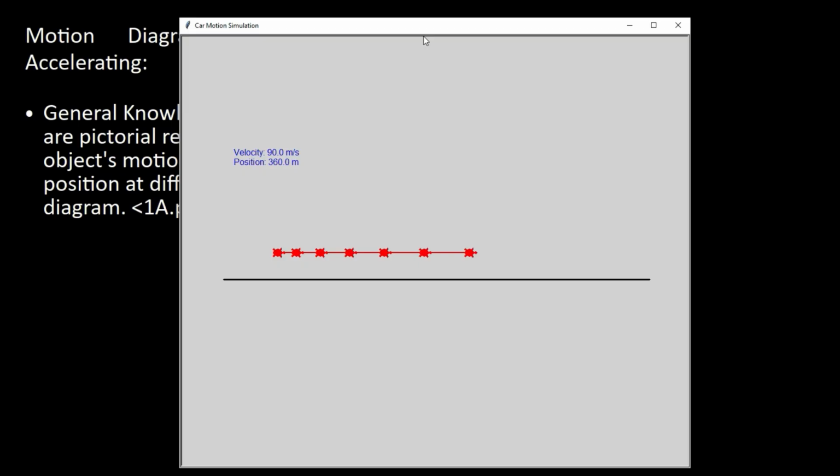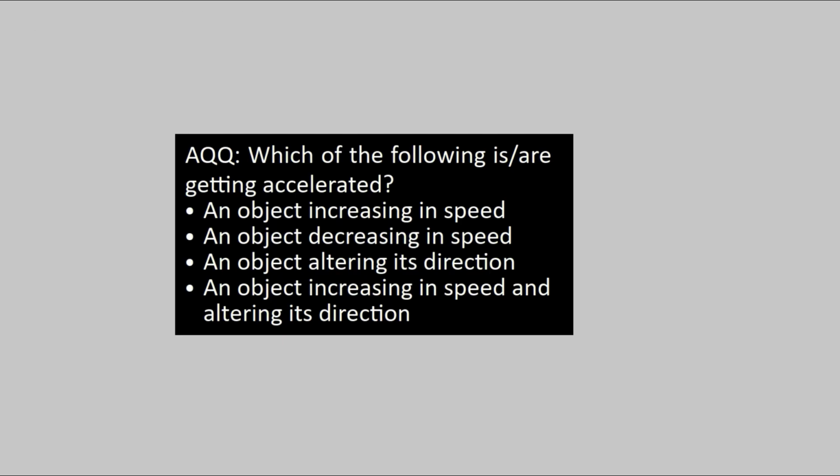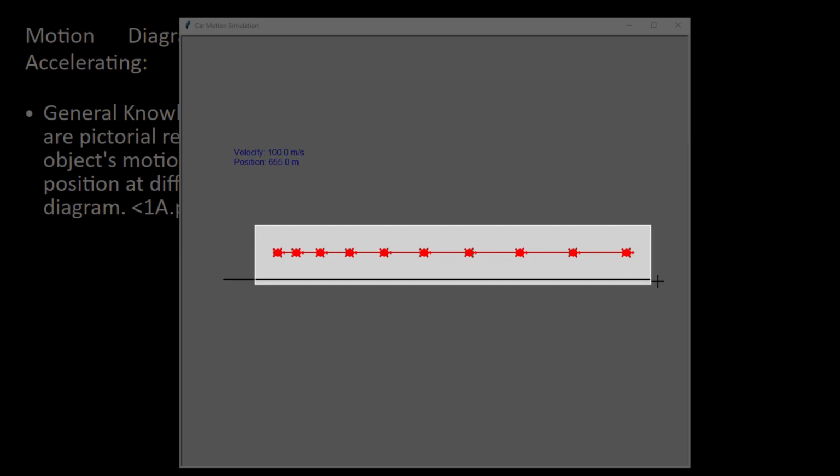That means its velocity has to be increasing. So the turtle is moving with accelerated motion. In the next stretch, it will not be accelerating, as the distance that it covers per second will remain the same. So velocity is constant over here.